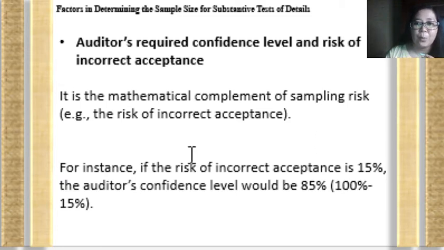Okay, so here, if you could still remember the risk of incorrect acceptance, so over-reliance of the internal control. For example, if the risk of incorrect acceptance is 15%, then the auditor's confidence level is 85%, because the risk is only 15%.